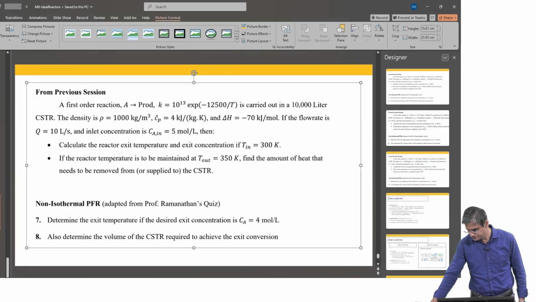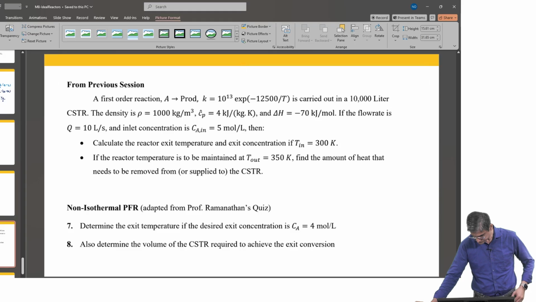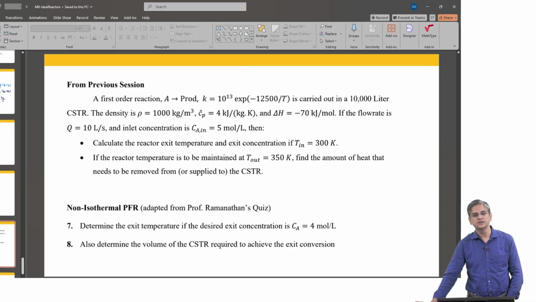Okay. That is what we are going to use in this particular example. Now, the fun thing is whether it is CSTR or PFR, if you realize T equal to T naught plus delta T adiabatic, the equation was the same, right.